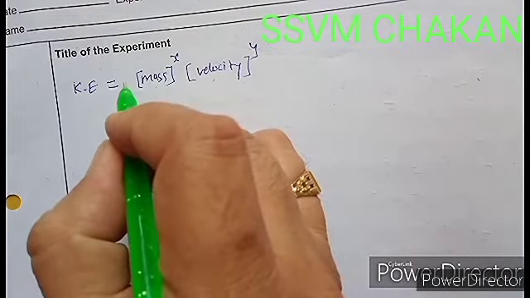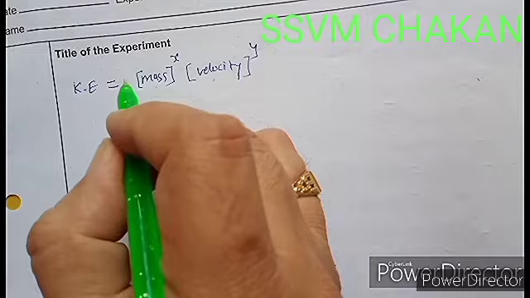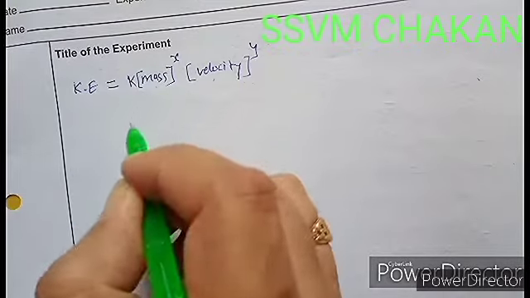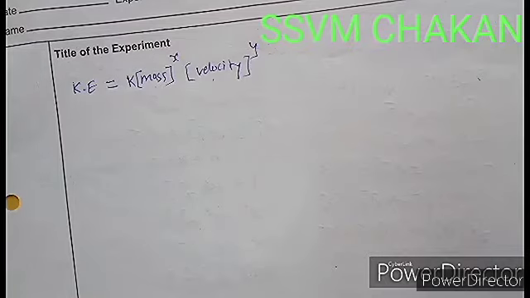We don't know the constant term, so we take it as k, because a constant cannot be derived from dimensional analysis.